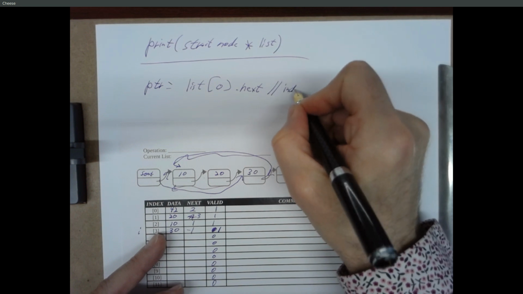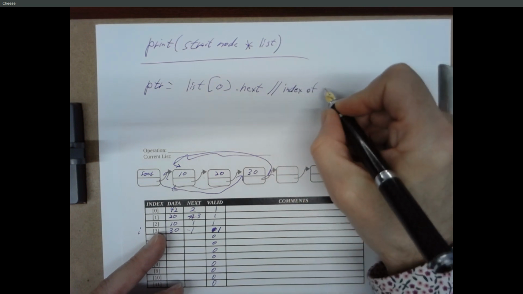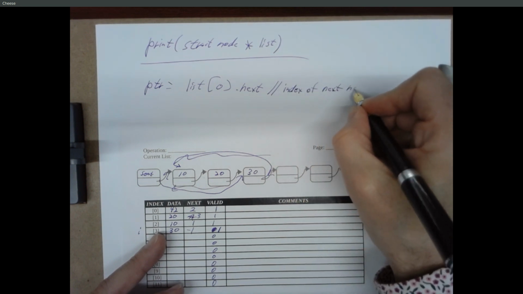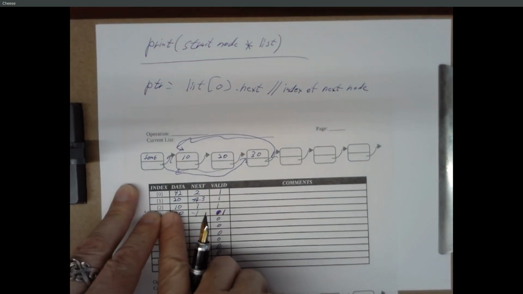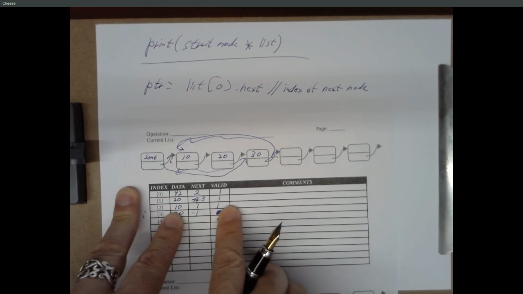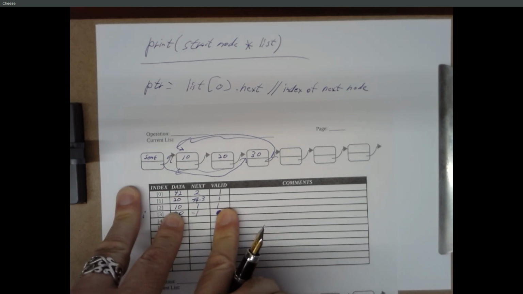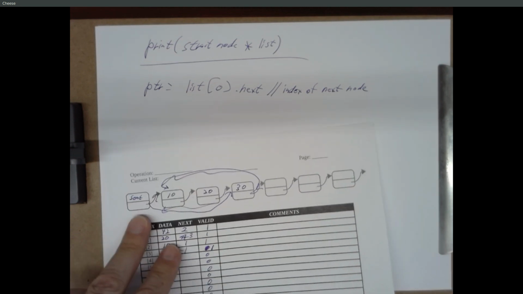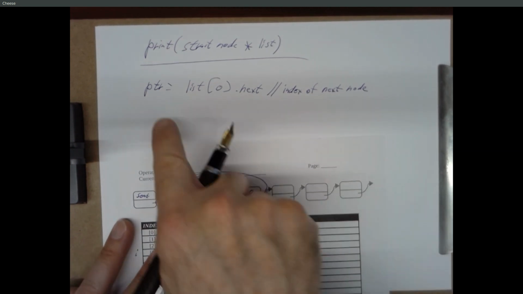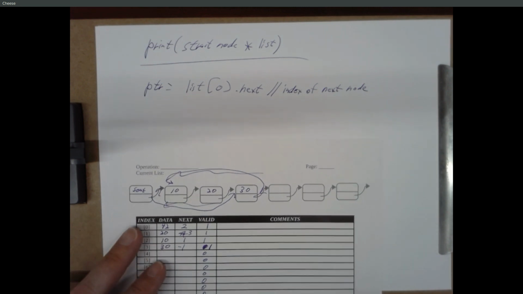So this is the index of the next node. That 2 means if I look at element 2 in this array, that 10, that's the next node in my list. First time through it's the first node, second time through it's the second node. So that's the index of my next node.